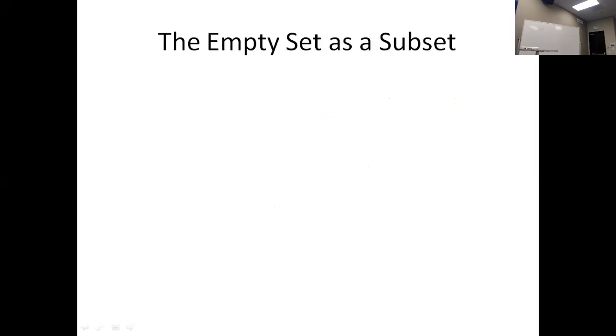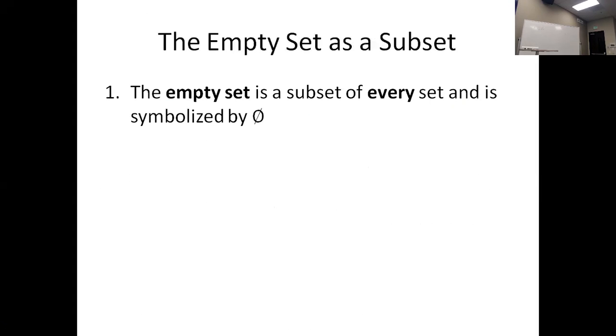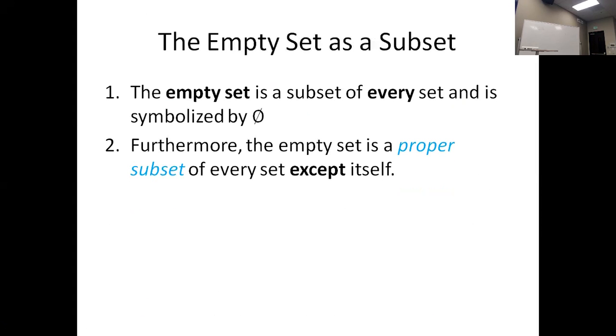Empty set as a subset. The empty set is a subset of every set and is symbolized by that null sign. Furthermore, the empty set is a proper subset of every set except itself. Nothing can be part of all sets, and nothing can also be a proper subset of all sets except for itself.